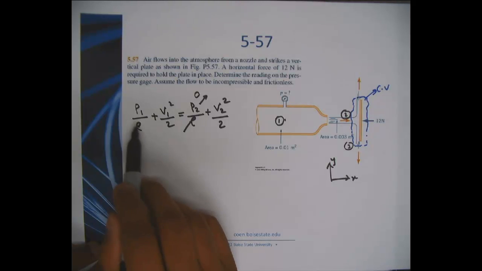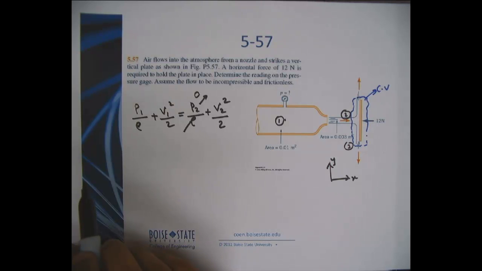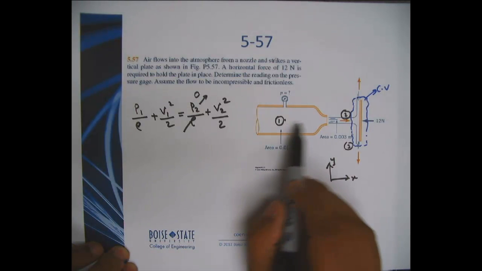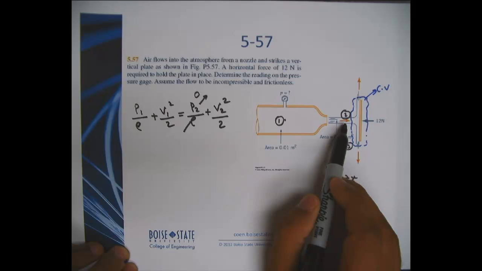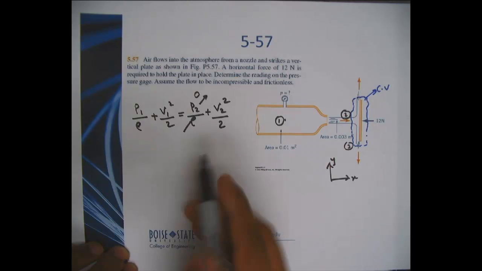And you can immediately see that we don't know P1, we don't know V1, we really don't know V2, right? Whereas you know that whatever is air coming out is what is coming in to at section 2, right?